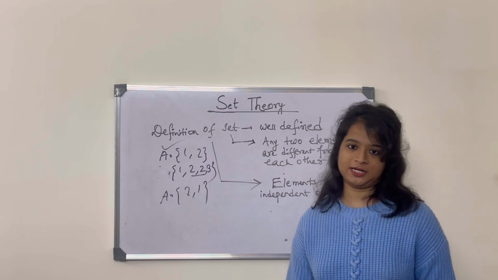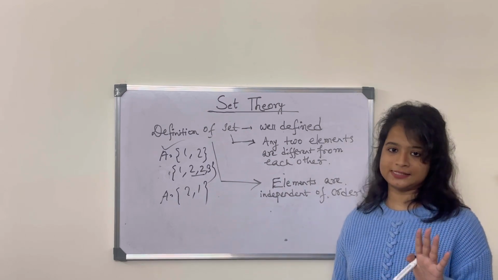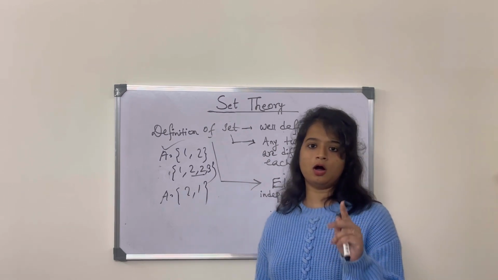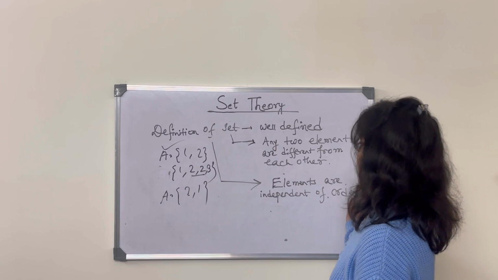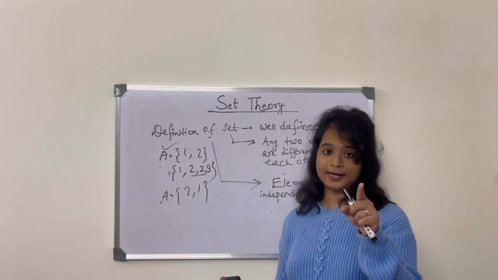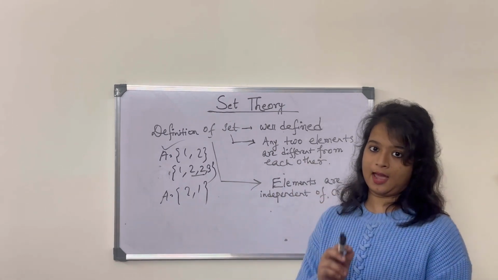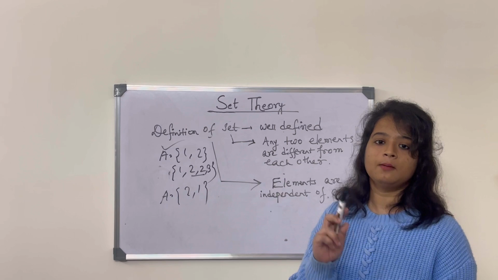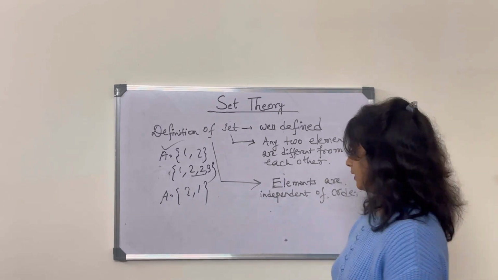Now, each object which belongs to a set is called a member or element of that set. And we denote the set by a capital letter. And we denote the member of the set by small letters, okay?